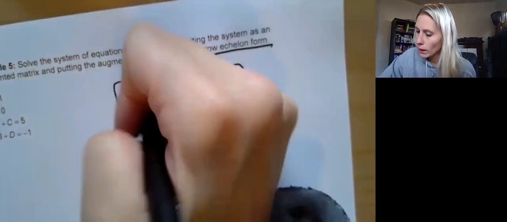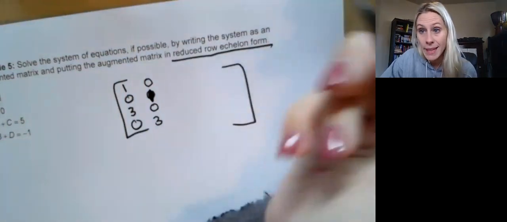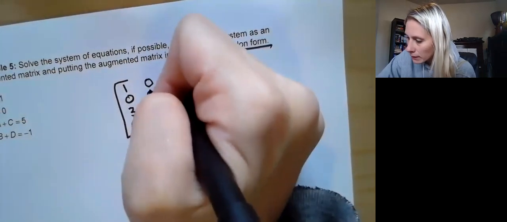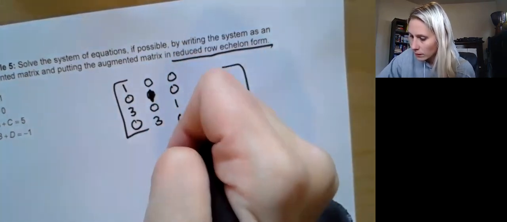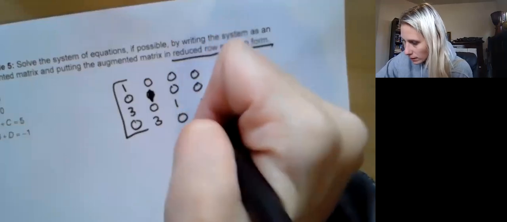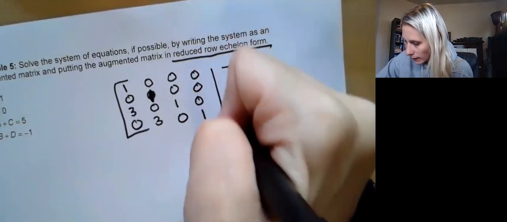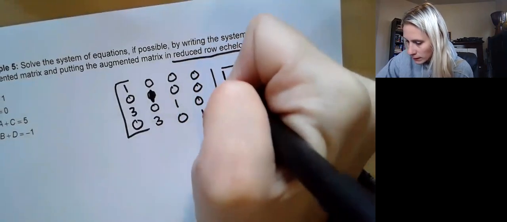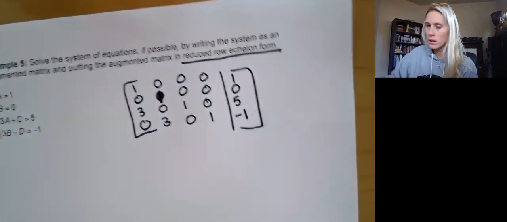Oh, 1 here. Sorry, not 0, 1. Because there's 1 B there. What was I thinking? C, 0, 0, 1, 0. D, 0, 0, 0, 1. And then we have what it equals, which is 1, 0, 5, -1.